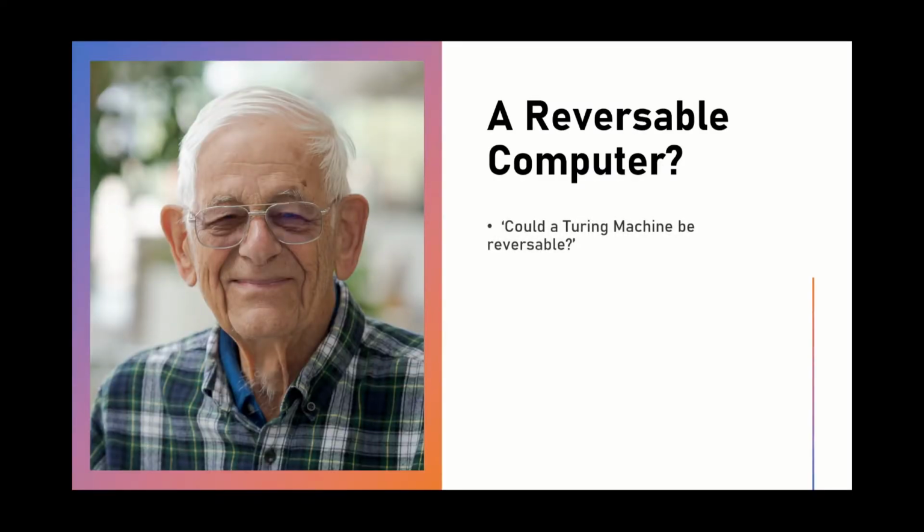Could a Turing machine be reversible? In 1980, Paul Benioff found a principle in quantum mechanics that allowed a Turing machine to be reversible, and this is called unitarity.